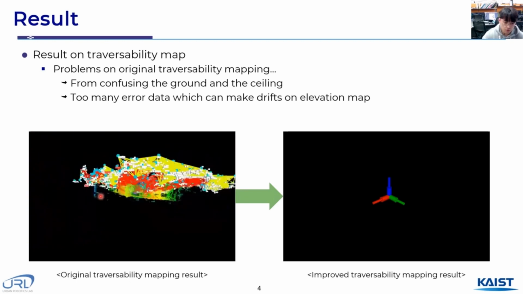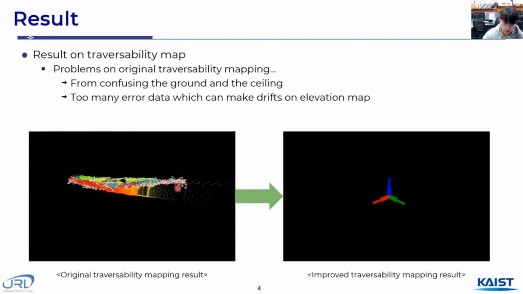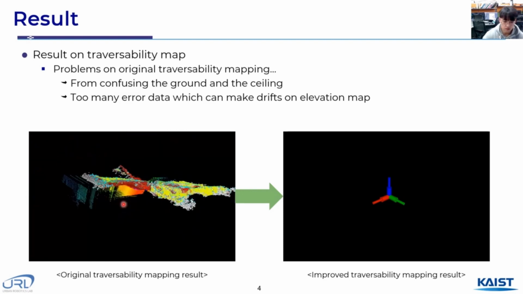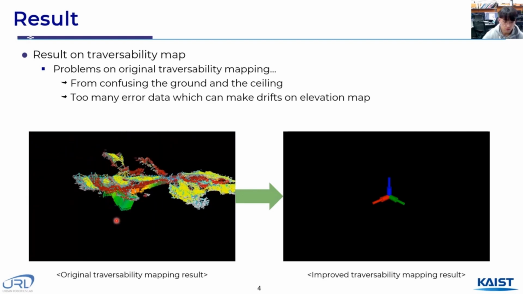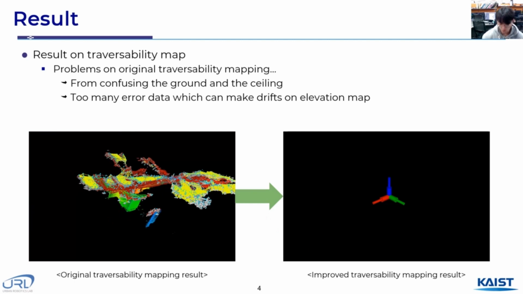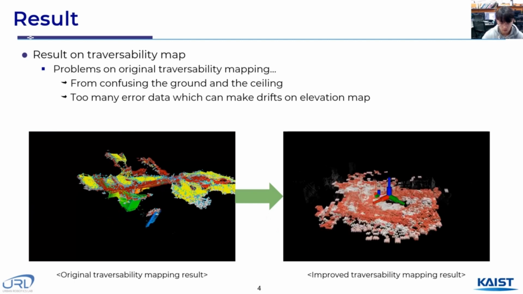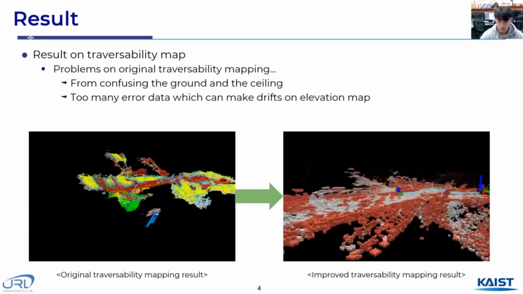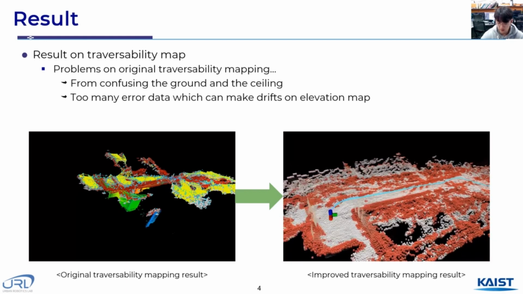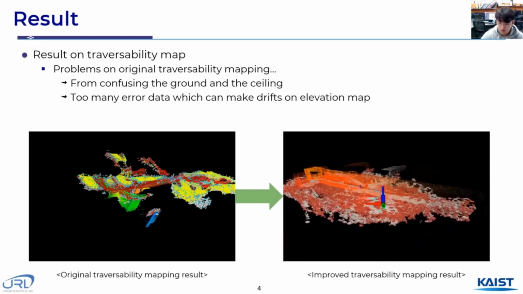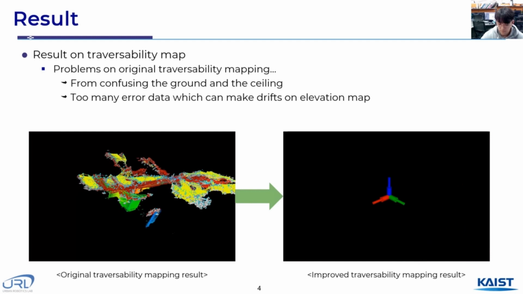So there is a lot of misdetermined data, but with our local terrain mapping, as I shared before, we can overcome these problems.